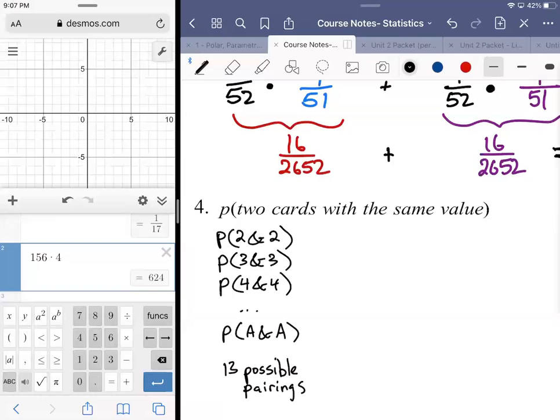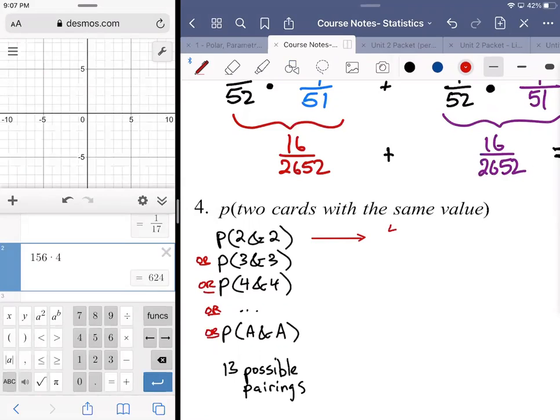And I'm not looking for the probability of all of them happening simultaneously. I'm looking for any one of these to happen, but I have to account for any of them happening. But it's still the same general theory as the previous problem, where I look at it and say, okay, how many 2s do I have in a deck?